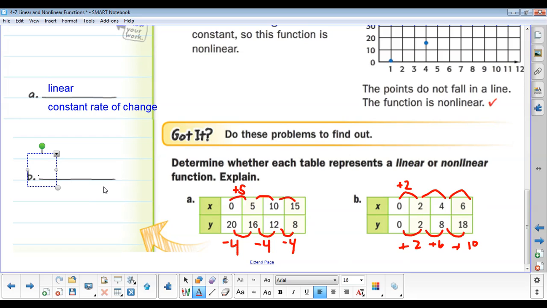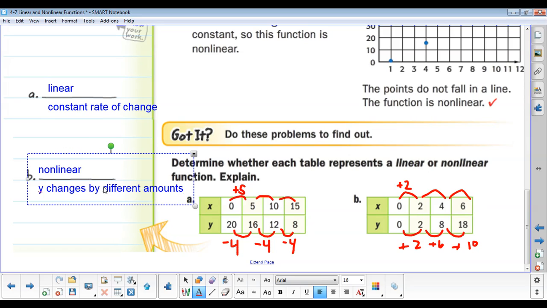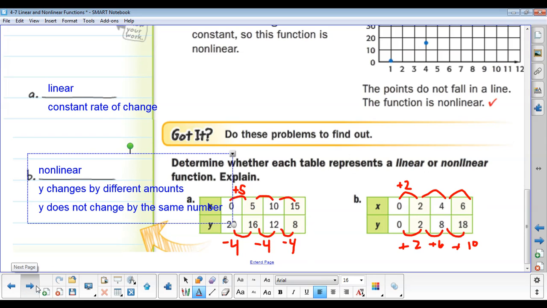So I'm going to go ahead and put nonlinear. My explanation is y changes by different amounts. Or I could say y does not change by the same number. It changes differently each time.